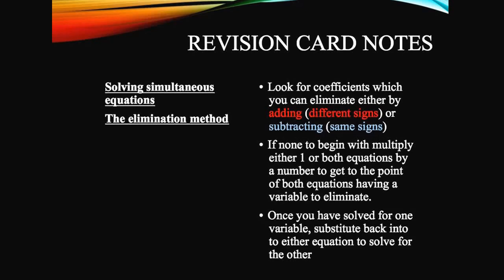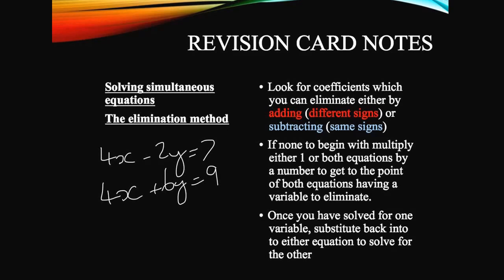Be careful, if you're doing that with a number at the front, so if you've got, for example, 4x minus 2y equals 7 and 4x plus 6y equals 9, if you were going to add these, you end up still with 8x and you end up with 4y. It doesn't really help you, but you could take one away from the other.